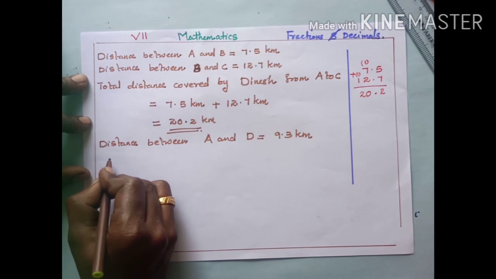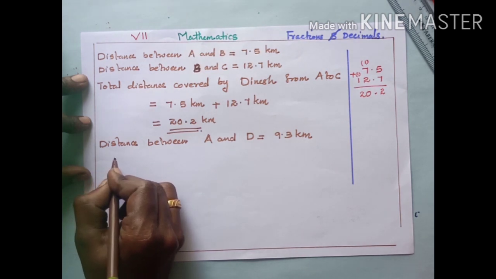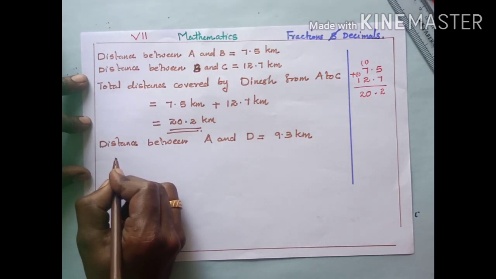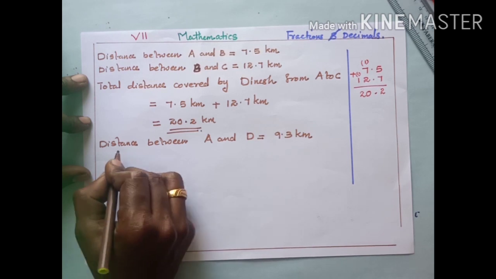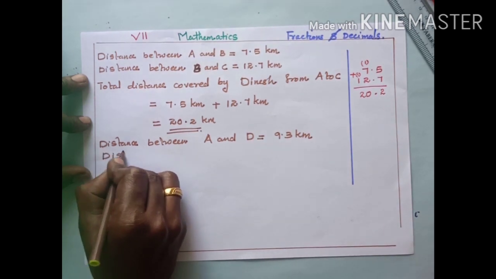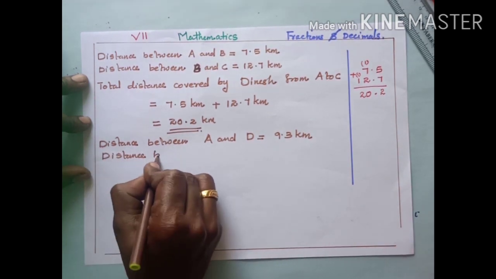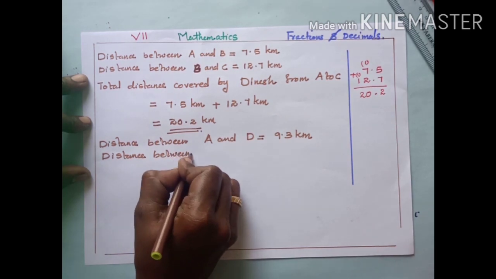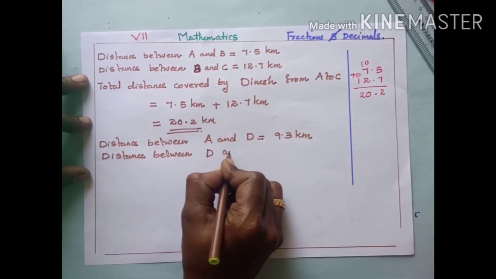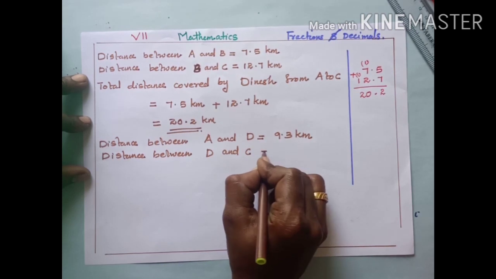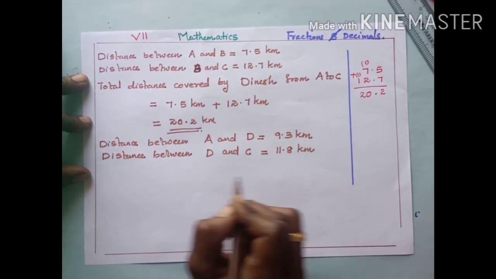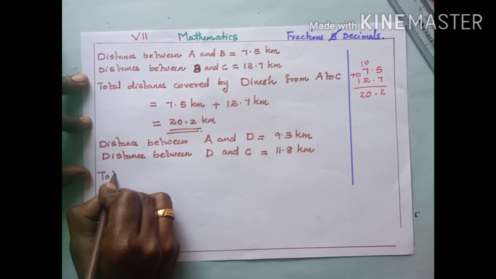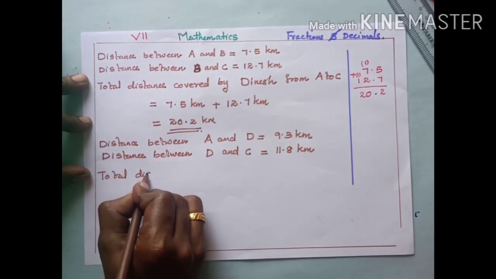Then he travelled from D to C, so the distance between D and C equals 11.8 kilometers.